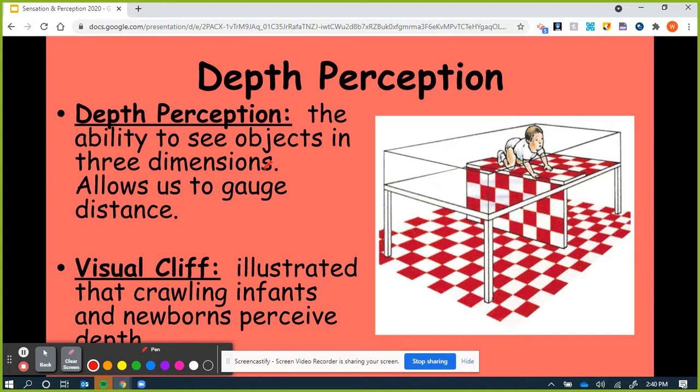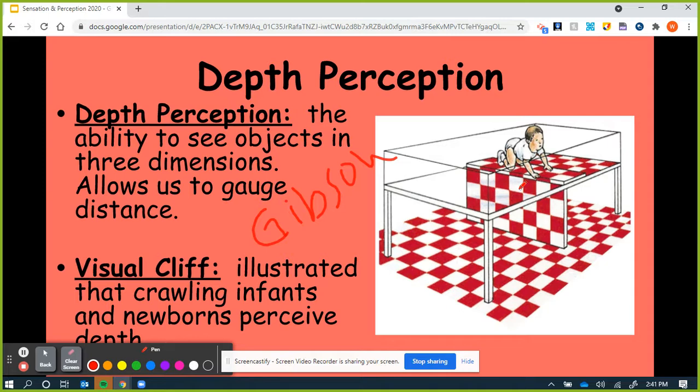All right, depth perception is obviously our ability to see in 3D. An experiment that you could be asked about was done by, I believe her name was Eleanor Gibson. Okay, the visual cliff experiment. They put babies that could crawl on top of a checkerboard pattern on a table, to see at what age babies could perceive depth.